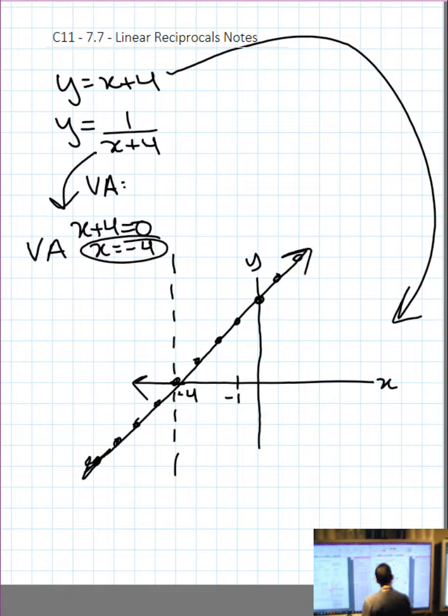The location of the original's x-intercept was the location of the vertical asymptote. Obviously, because where the original equals 0, the reciprocal does not exist. We cannot divide by 0.